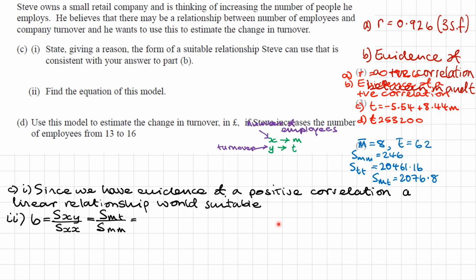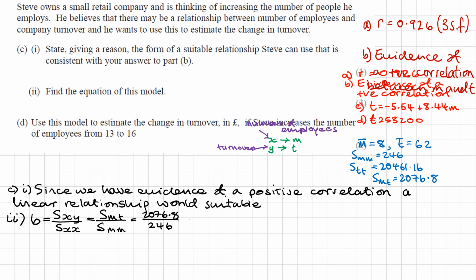So the summary statistics that we got at the very beginning of the question: SMT is 2076.8, SMM is 246, and I think we'll leave it like that for now.